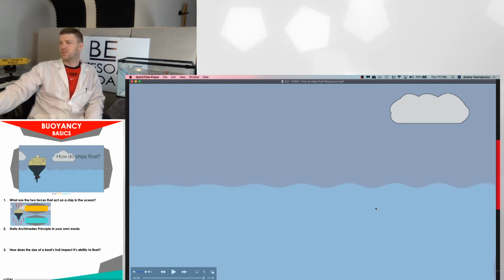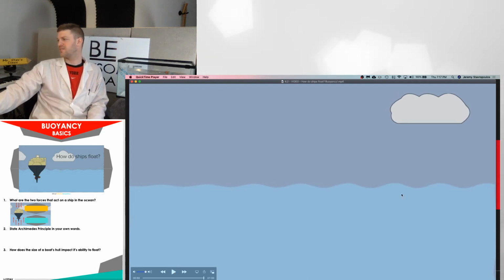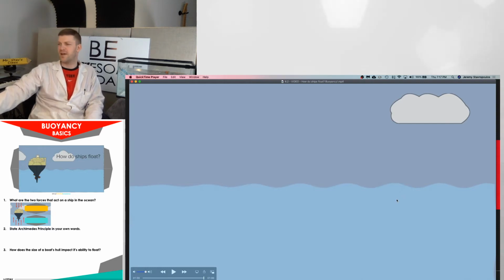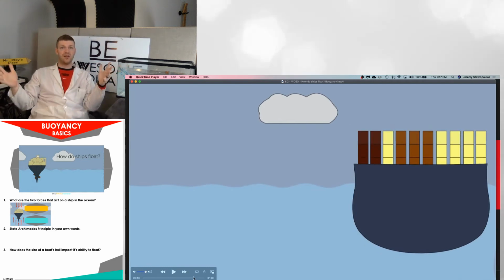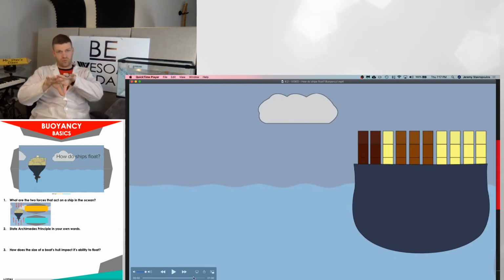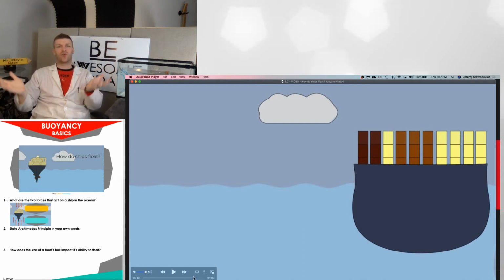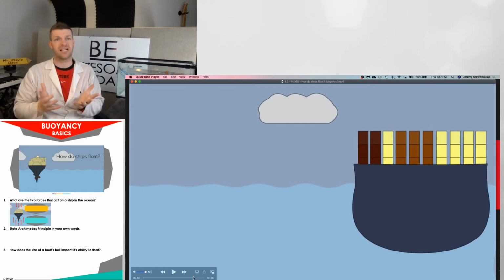Okay, so looking at question 3, how does the size of a boat's hull impact its ability to float? Well, the size of the hull is important because the bigger the hull, the more water it displaces. The more water it displaces, the greater the amount of buoyant force that can be applied to that ship's hull.